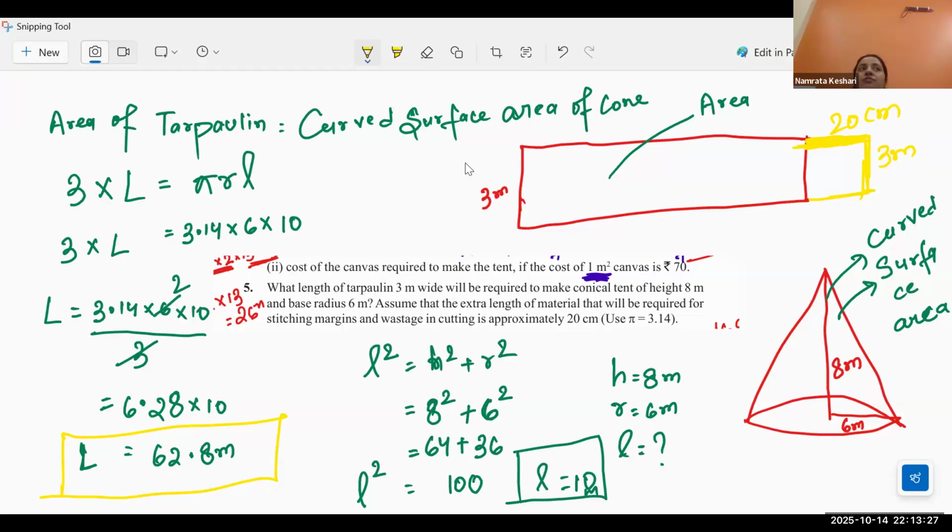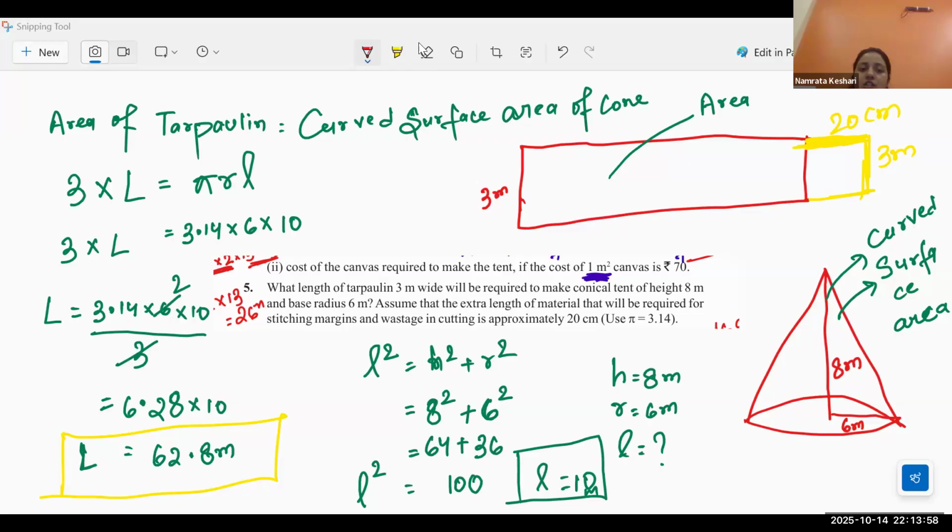Now if anybody comes and asks me, but actually what was the length when you bought it from the market? What length of the tarpaulin sheet, this rectangular sheet I'm talking about, did you buy from the market? So I will take the cutting part, that is 20 centimeter, and this much length, 62.8, I have used to make the cone.